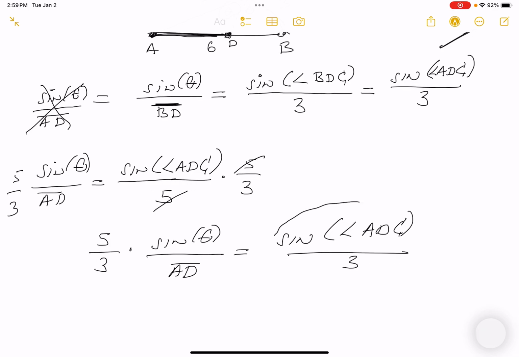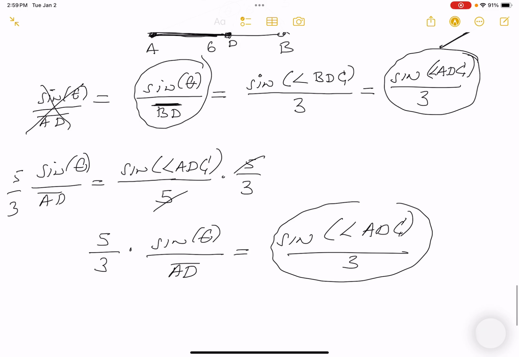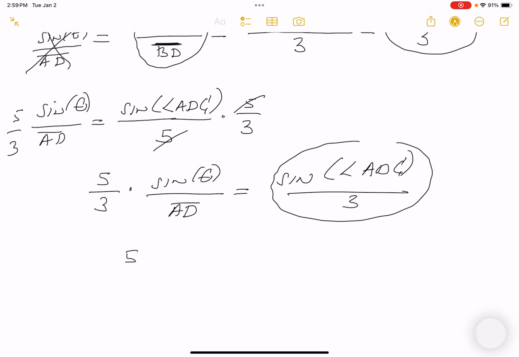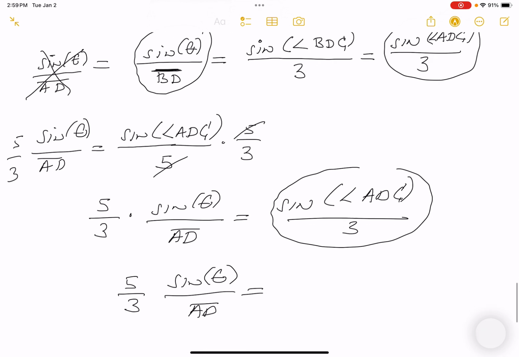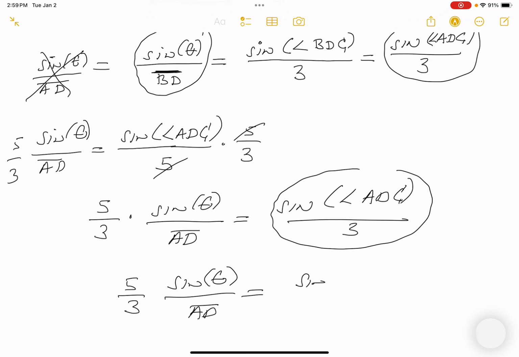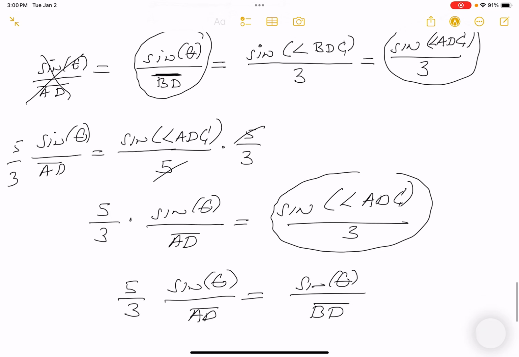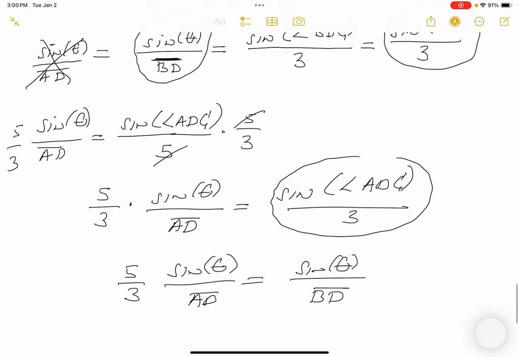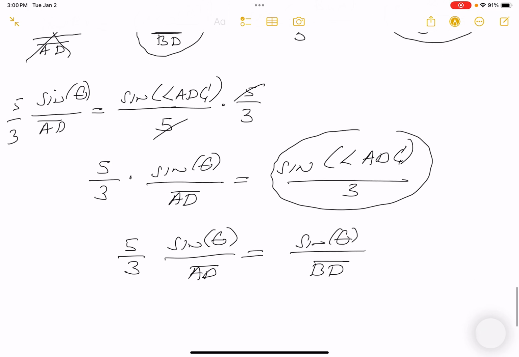Well, I know what this is. It's right up here. This is equal to this. Let's write that down. So 5/3 sine theta over AD is equal to sine theta over BD. I got to think.